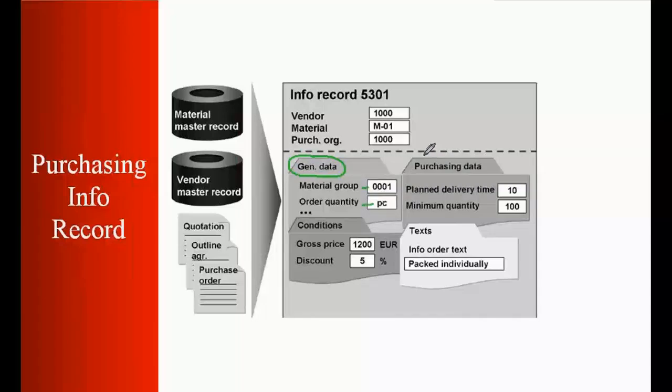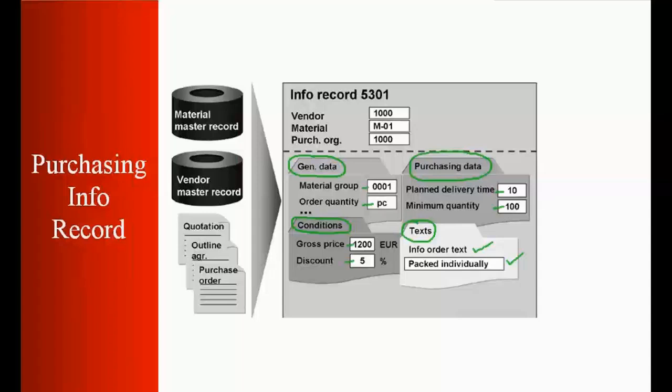The other type of data is your purchasing data, where you can enter purchasing-related information, for example, the planned delivery time and the minimum quantity that you can order. The third is your conditions. Conditions means pricing conditions. Here you can enter the standard price or gross price, any discount, and any taxes. The fourth and last area is your text. Here you can maintain any standard text, and this text can be copied to your purchase orders.